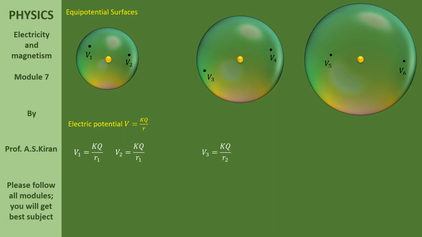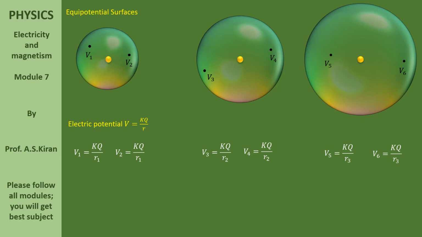V3 is equal to kq by R2, and V4 is equal to kq by R2. What is R2 here? The radius of the second sphere. Now, V5 is equal to kq by R3, and V6 is equal to kq by R3.